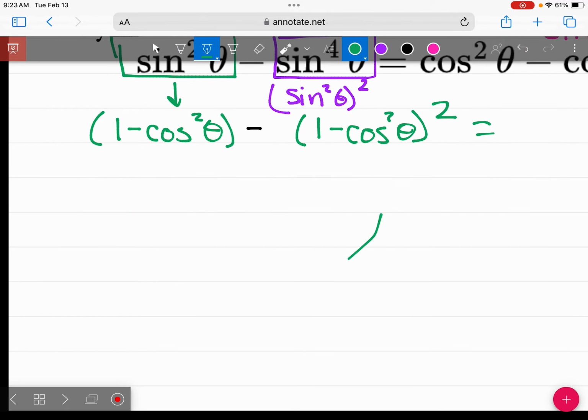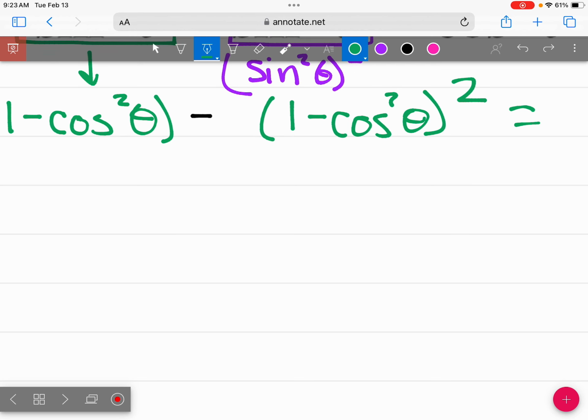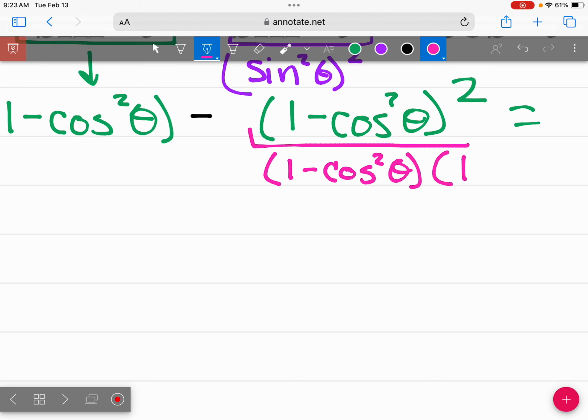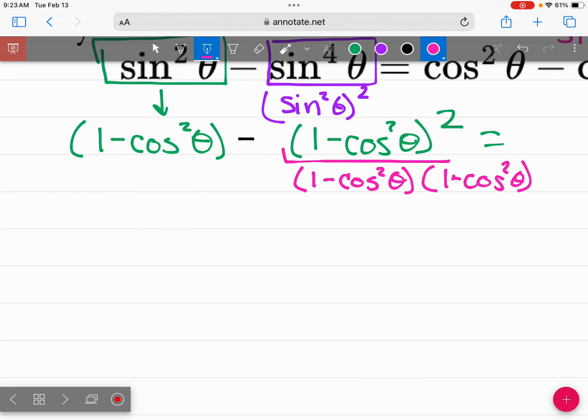When we square it, and this is a mistake I've seen repeatedly from several of us, remember that means I'm taking my 1 minus cosine squared theta times 1 minus cosine squared theta. So I need to have a middle term as well, not just 1 squared and cosine squared. I'm going to just write it all down.